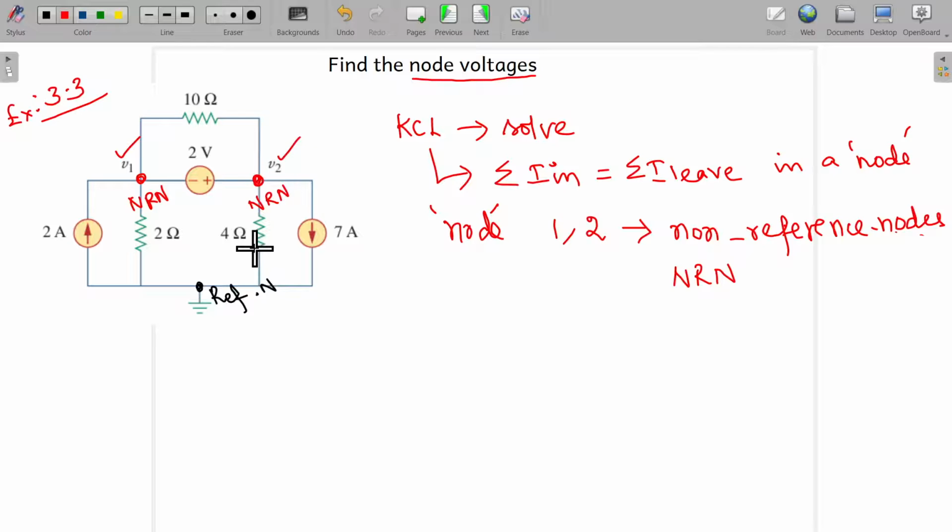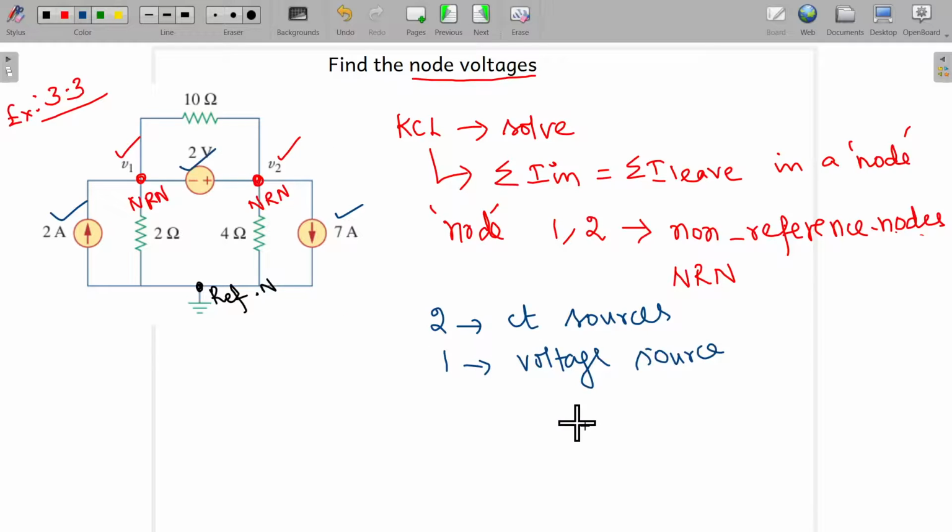The next step is to carefully inspect this circuit and understand what is present here. We have two current sources, this 2 amps and the 7 amps, and we have one voltage source.